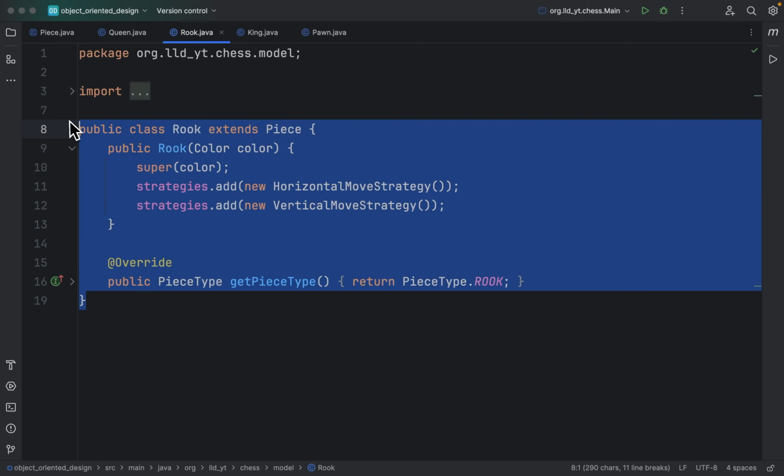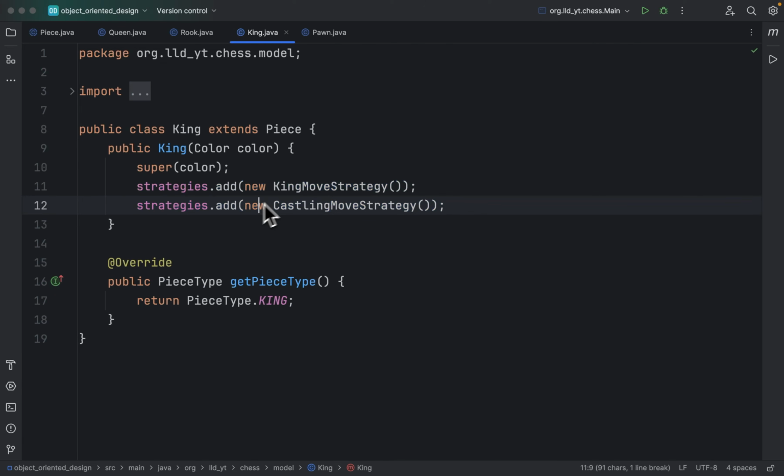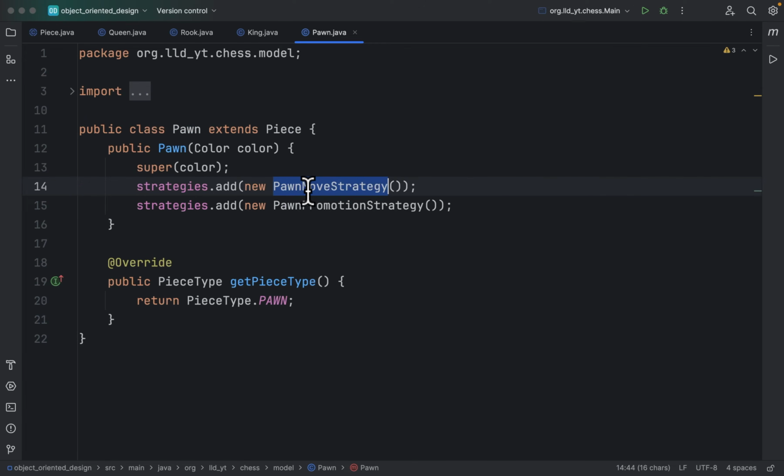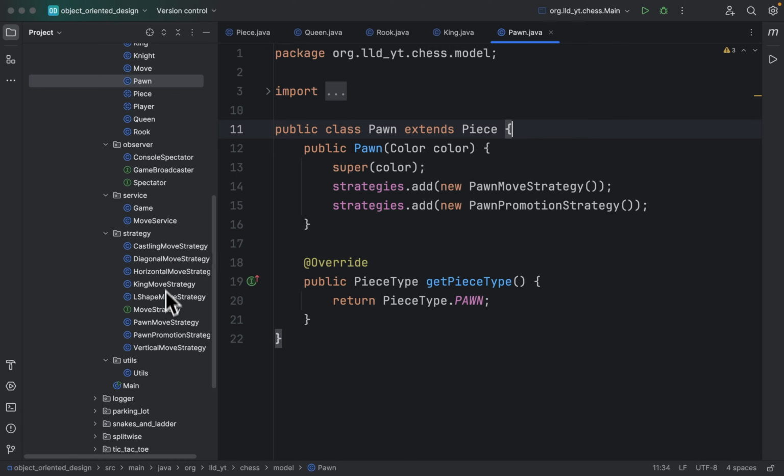In rook as well, everything remains the same except this stuff. So rook will have two different kinds of strategies. First is horizontal, second is vertical. The king would have king movement strategy and the castling movement strategy. Similarly, the soldier would have the normal movement strategy and the promotion strategy. Okay. So let's first look at different strategies.